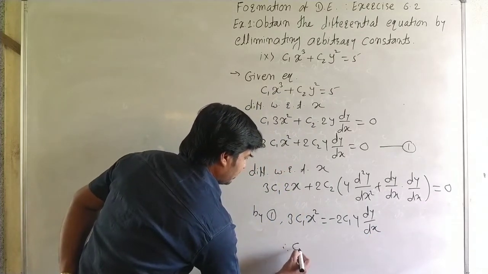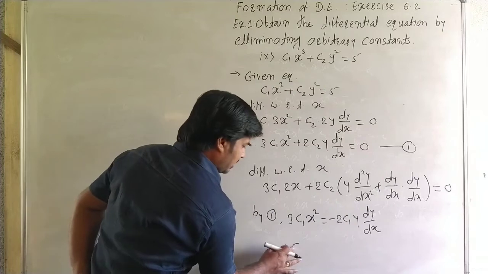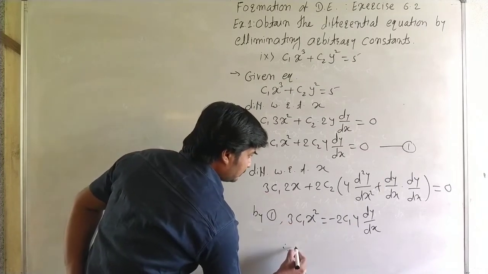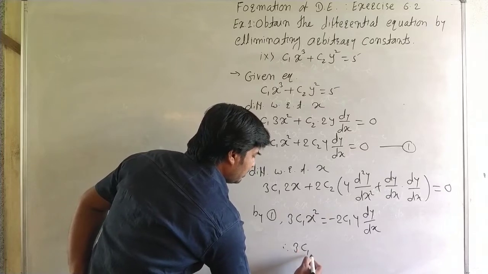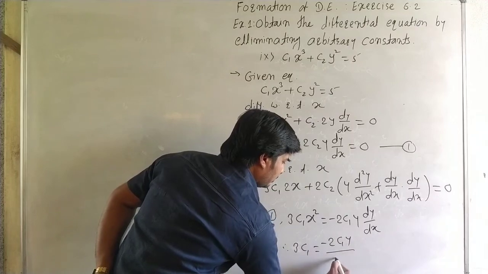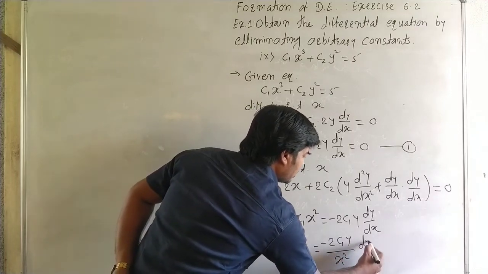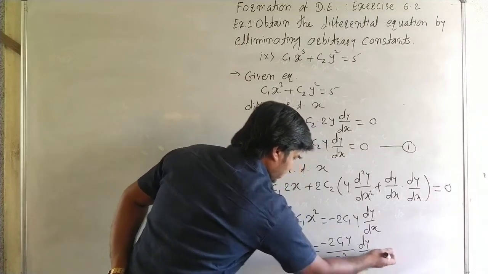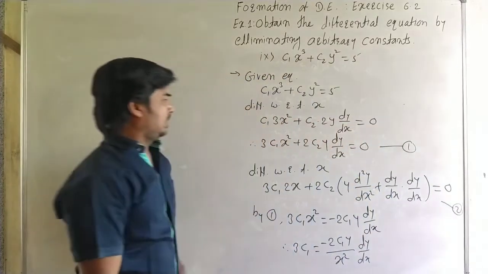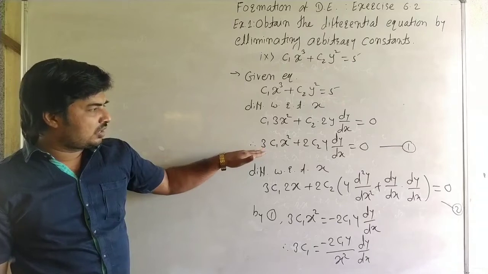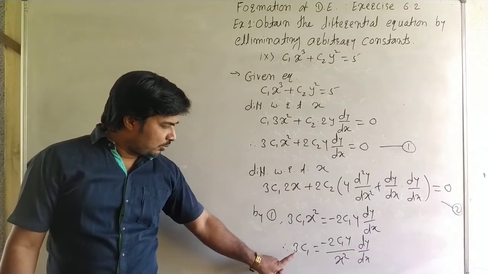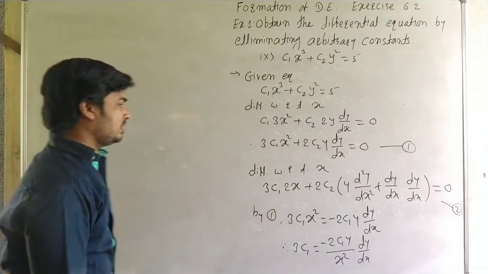Here it is 3c1, so we find the value of 3c1. 3c1 is equal to minus 2c2y upon x square dy by dx. This is the first derivative, equation number 1. The second derivative is equation number 2. Then put the value of 3c1 in equation number 2.